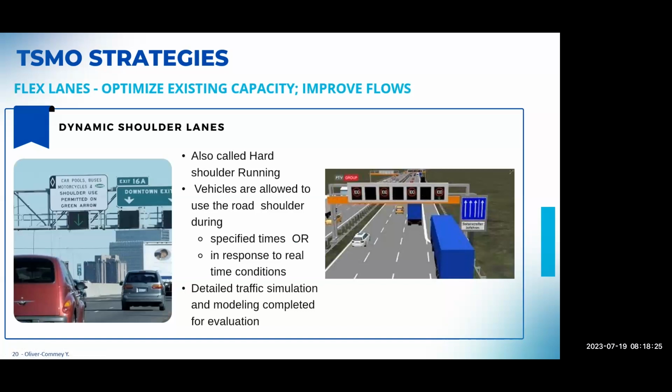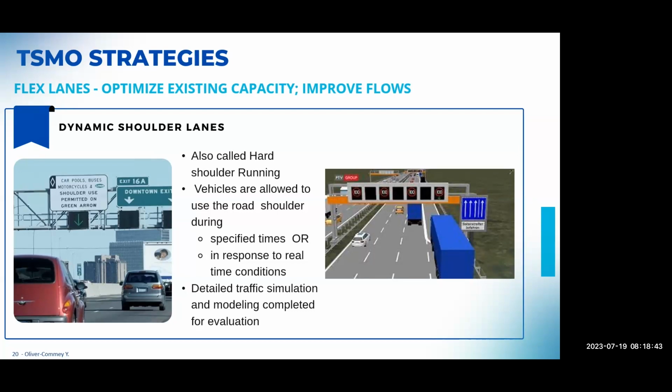Dynamic shoulder lanes, we're also using a lot for existing facilities as well as proposed facilities. The existing facilities would be something that we know is pretty constrained by right of way, but has a good width on the shoulders. We would then try to use the shoulders during the peak hours.